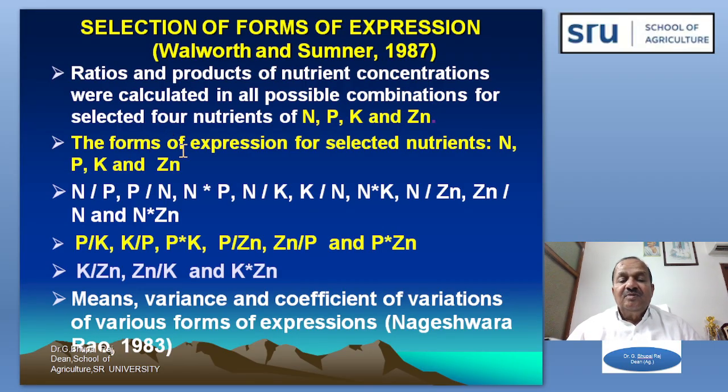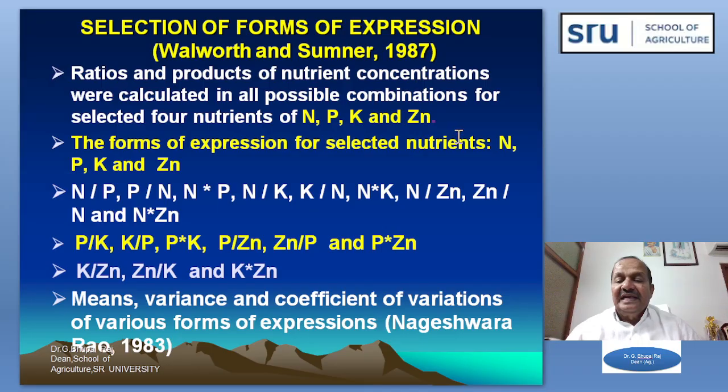So the forms of expression for these selected 4 nutrients, N, P, K, and zinc, are these possible combinations. For example, we take NP. N by P is one ratio, the reverse P by N is one ratio, and N into P, the product, is one ratio. These are 3 combinations for NP.